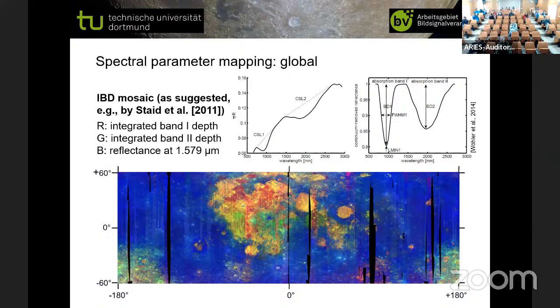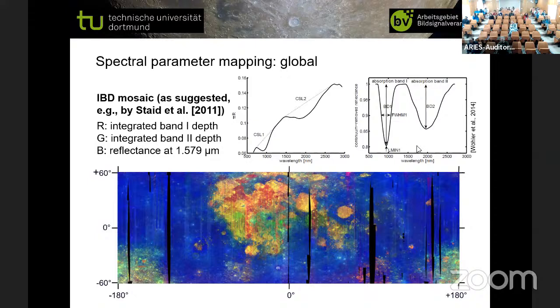Dividing the spectrum by the thin dashed line yields the so-called continuum removed reflectance, which is a very important measure in planetary reflectance spectroscopy, where we can see those absorption bands that are very specific for the minerals in the crustal material, much better than in the original spectrum.